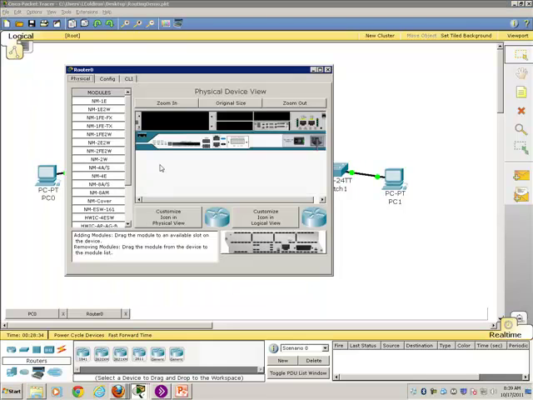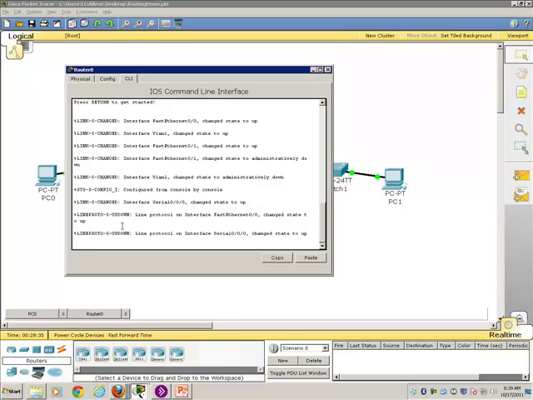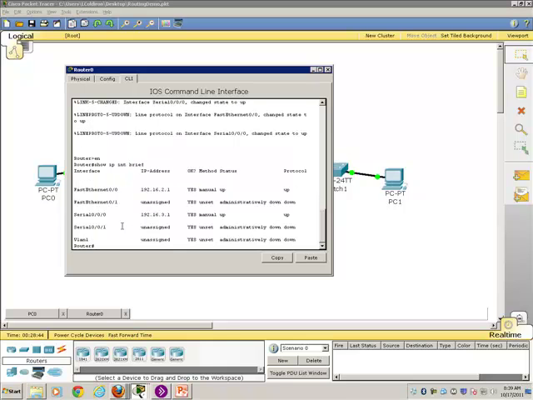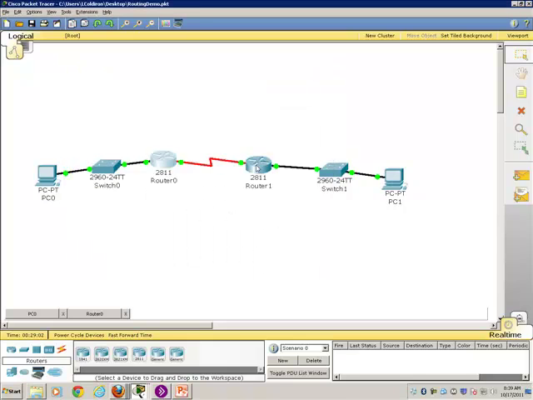And this router, if we go into here and enable and show IP interface brief, we have 192.16.2.1 on the FastEthernet, the one that's attached to the switch, that's attached to the computer, and then 192.16.3.1 on the serial interface. 192.16.3.2 should be on the other router.